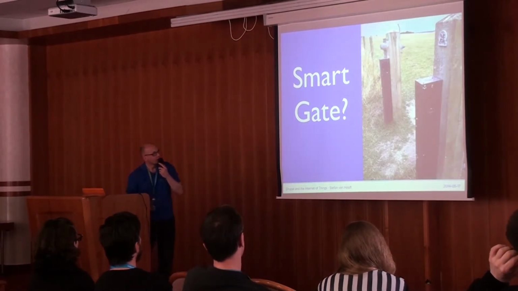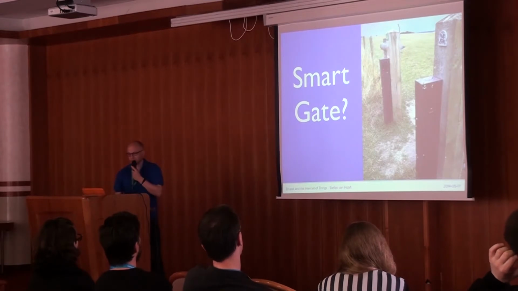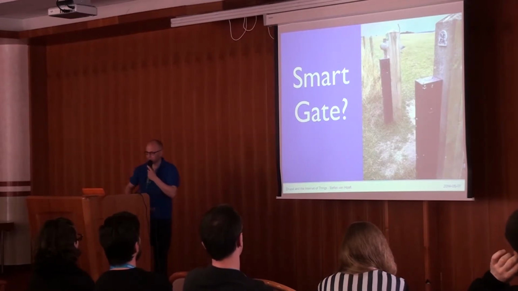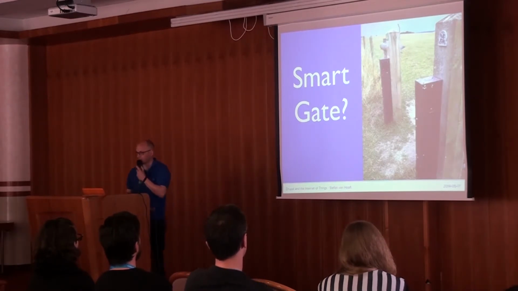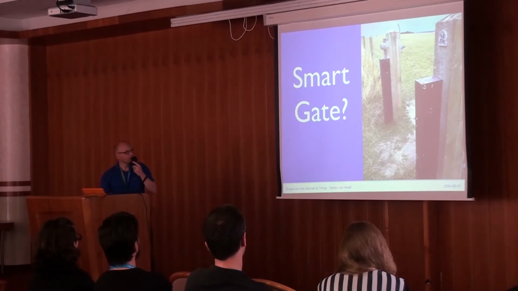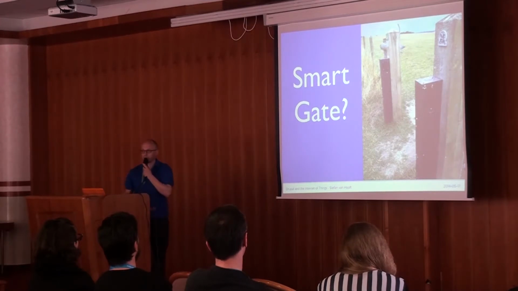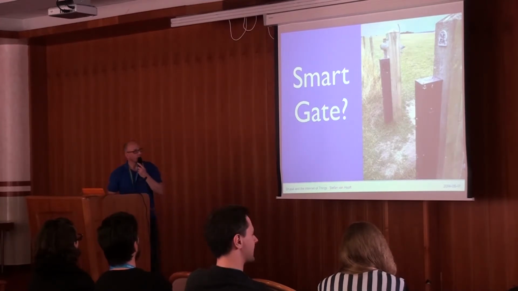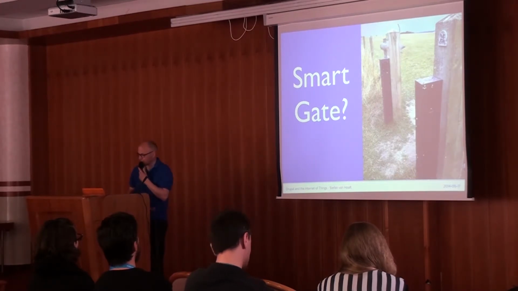I don't know if it's a smart gate, but at least it measures people going through it, and obviously that gets fed back. I don't know if this is connected to the internet. It would be nice if it was. But this is an example of how things could work. Very unobtrusive, but if it's linked to the internet, you can get really interesting data.